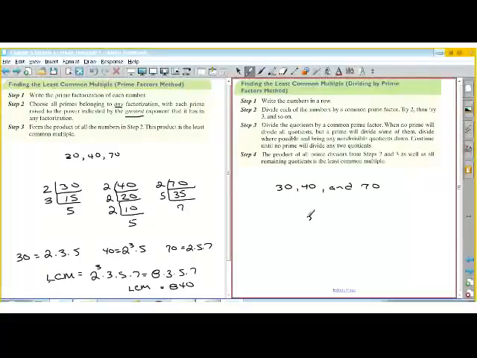So what we're going to do is list, it's the same one we just did, 30, 40, and 70. And we look for a prime number that you can divide all three of them by. Well, actually, it's a little more complicated than that, to be honest. Let me show you how this works. That's why I have a couple of examples, because this is probably the hardest one.